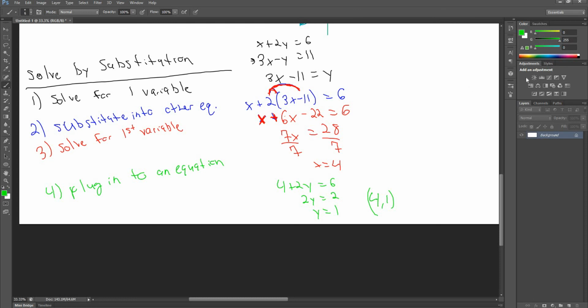We should be checking our answers. What color have I not done? I want to have some green. So step 5 is check solution.